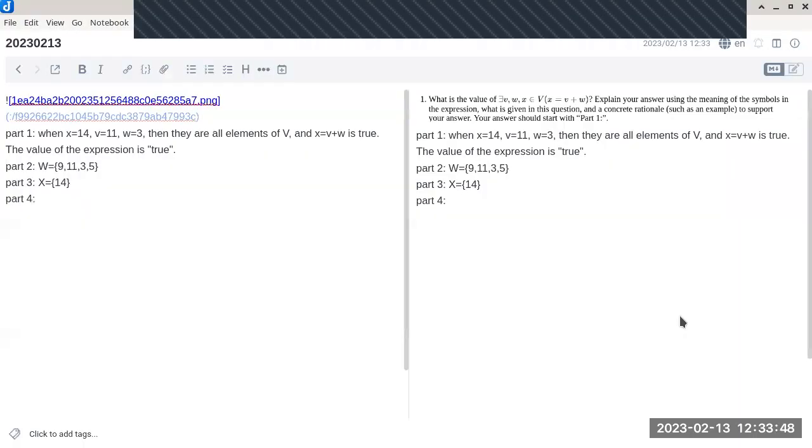So now the question is, X, this is cap W. All right, so what is going to be in the intersection between X and W? It is just the empty set, exactly.